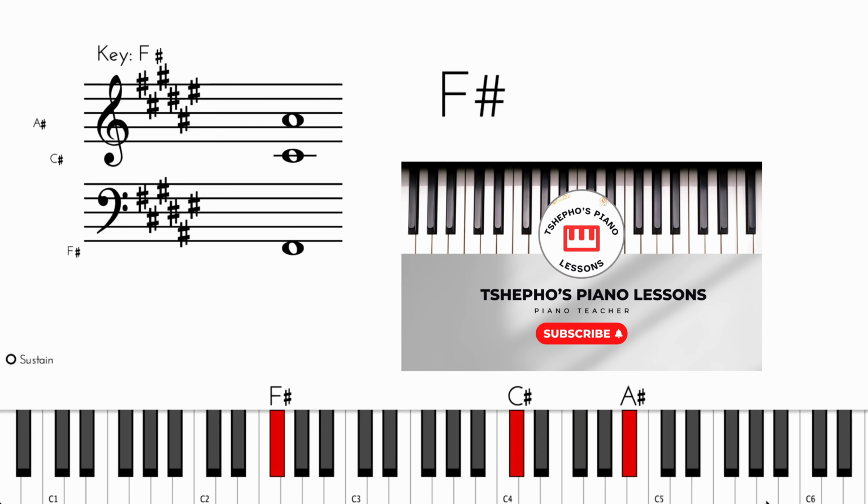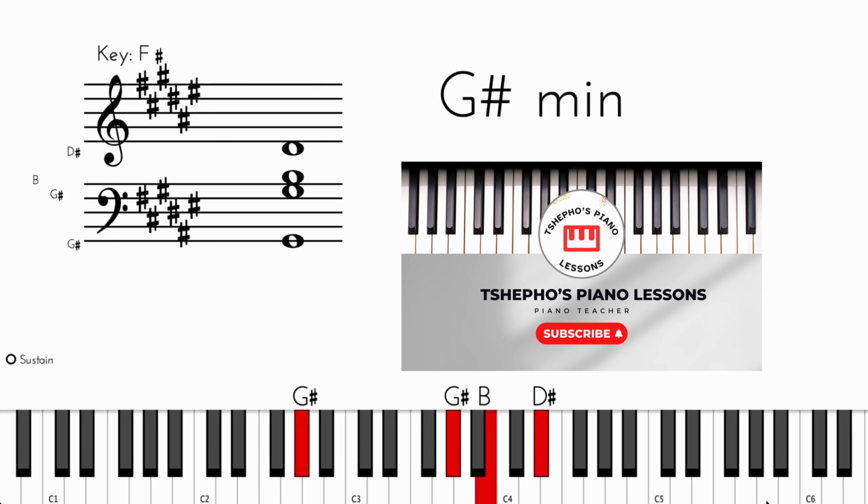Let's do it again slowly. The first inversion, second inversion. Still in 1, and then your second one is this one.